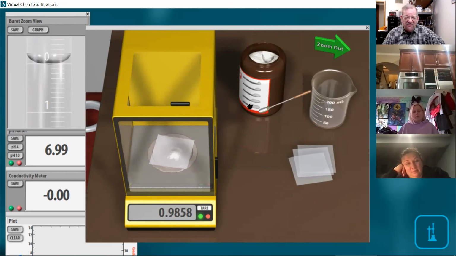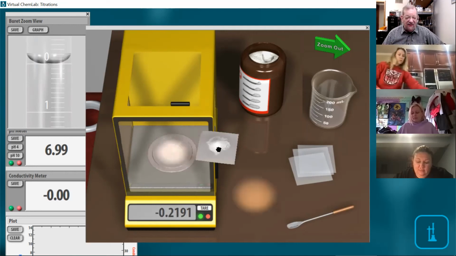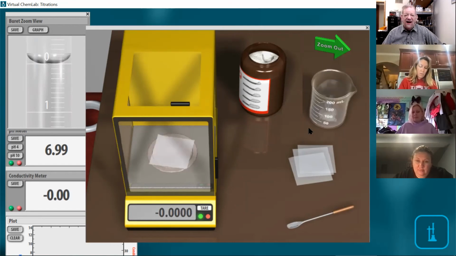Come down to the bottom one, come over here, see how it's snapped in place, let go, and now record this number, 1.97797. Record all these digits, that would be 5 significant figures. Now you pick this up and move it over here to the beaker. Ta-da! And now where it says zoom out, you zoom out.